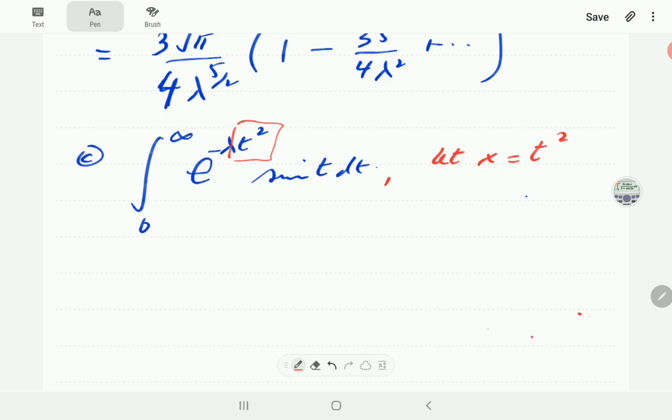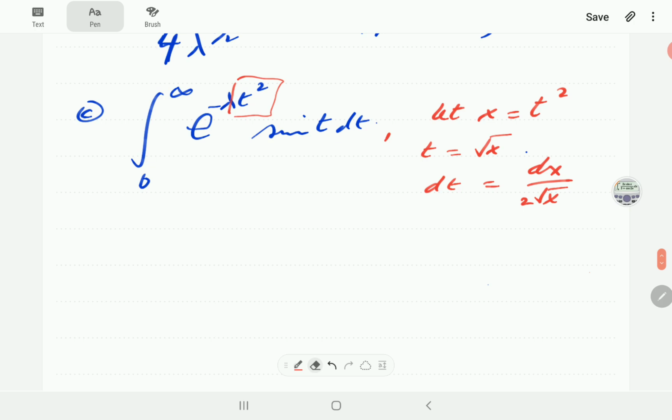So if we let x be t squared, then of course it means t is going to be square root x, and dt is going to be dx over 2 square root x. The integration limits are going to remain exactly the same as before.